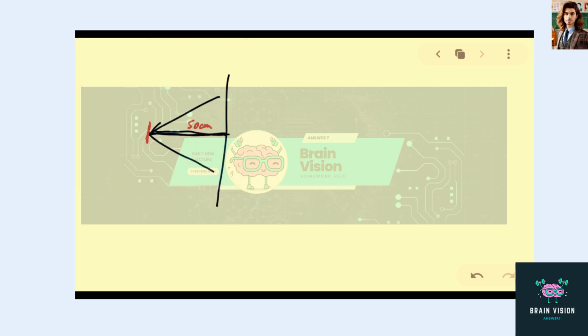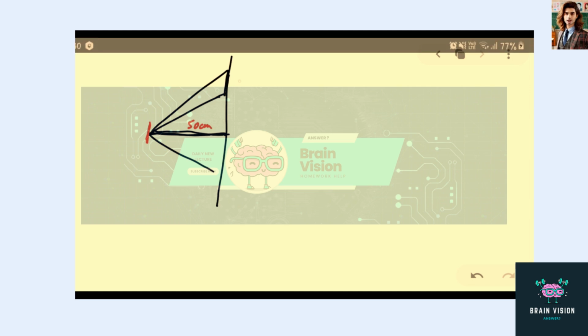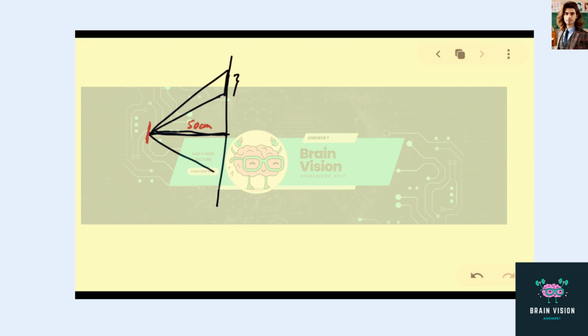We want to find the distance between the maximum where n equals 1, and the maximum where n equals 2. So how do you find this distance?